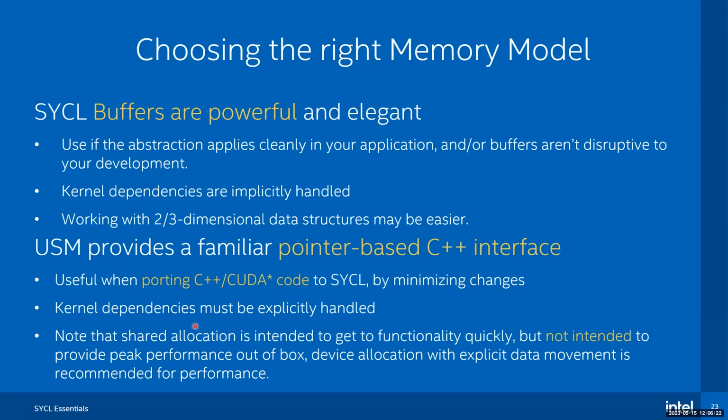The other thing is you have to set up your kernel dependencies explicitly, and there's shared allocation and there's device allocation. If you use shared allocation, you may not get better performance, so you have to use device allocation, as we mentioned. So it's up to you to decide which memory model you want to use.